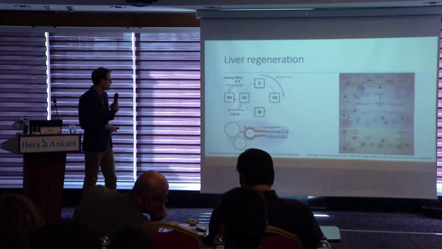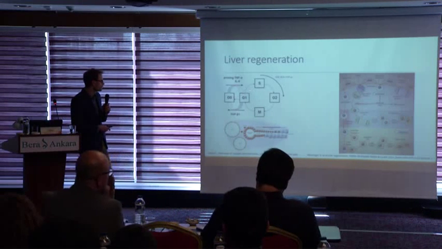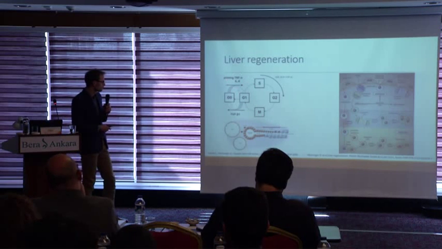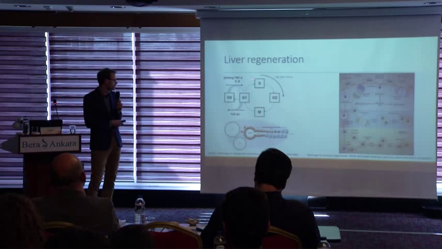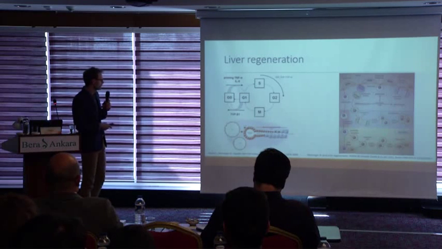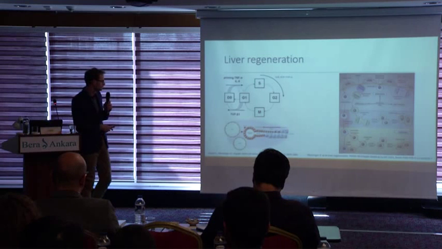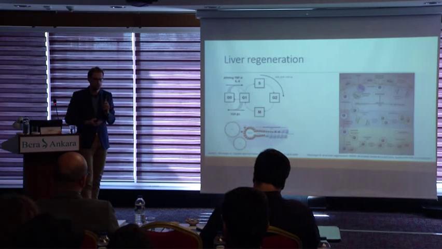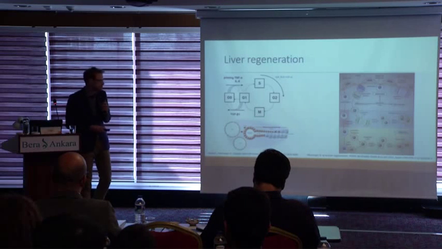growth factors and interleukins are released. Typically tumor necrosis factor alpha or interleukin 6 cause the hepatocyte to switch from the G0 to the G1 cell cycle phase. This process is called priming of hepatocytes.